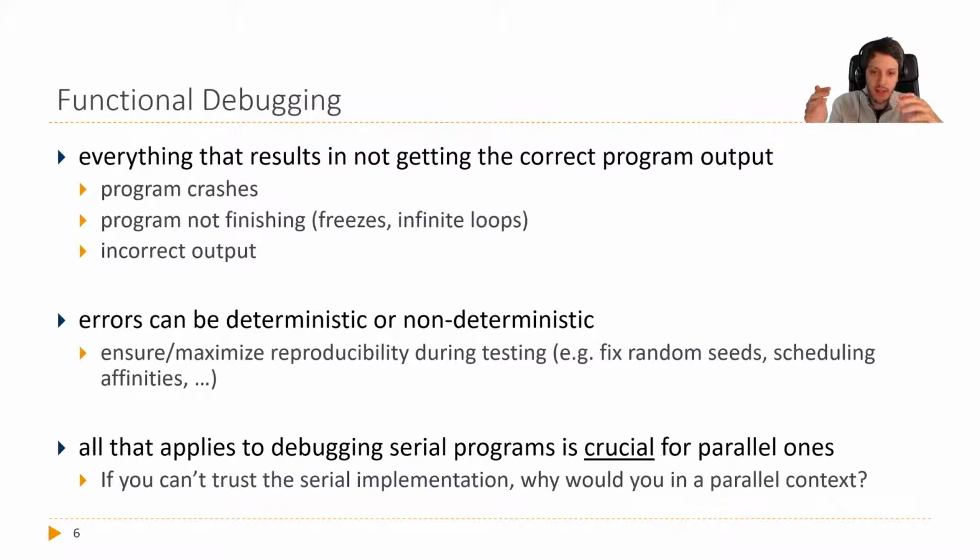And add to all of the things that can happen the fact that you have multiple of these entities that communicate with each other and change each other's state that way, in a non-predictable or non-deterministic way, because if you have a race condition, for example, this depends on scheduling and performance, and this is not deterministic, as we discussed in the past. And if you're writing an OpenMP program, we discussed this, you can simply remove all the pragmas by removing the compiler flag, and if the program doesn't run correctly in a sequential fashion, don't try to fix it in the parallel context, fix your sequential implementation first, obviously.